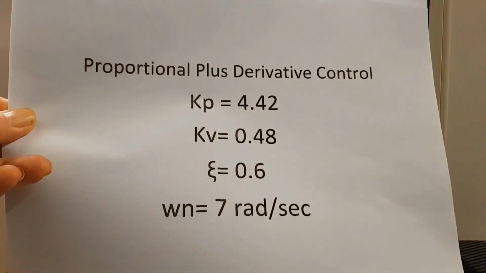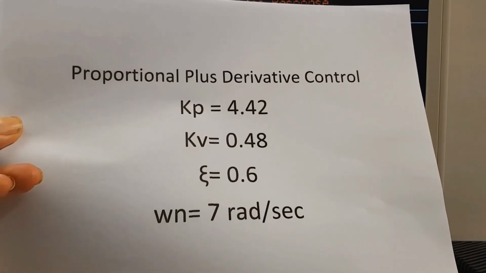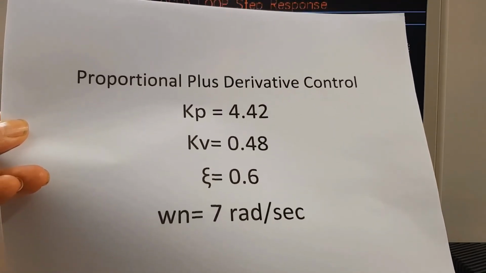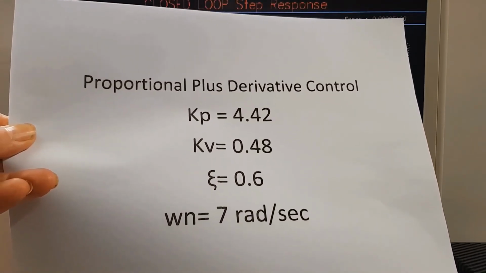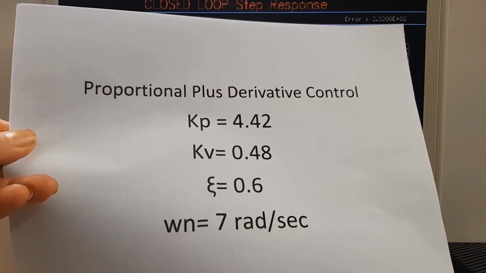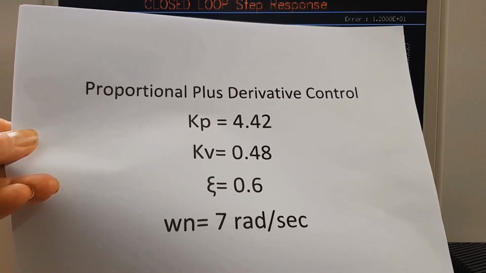Okay, so here's our next one. This is proportional plus derivative control. Kp 4.42, Kv 0.48, damping 0.6, omega n 7 radians per second. That's the velocity feed, it's the tacho feedback.